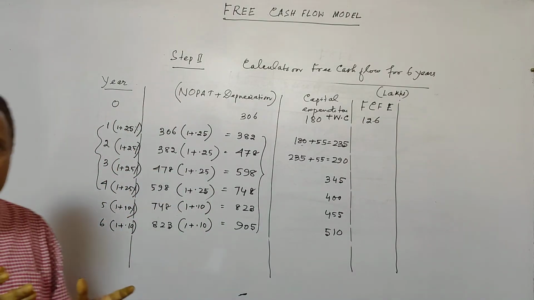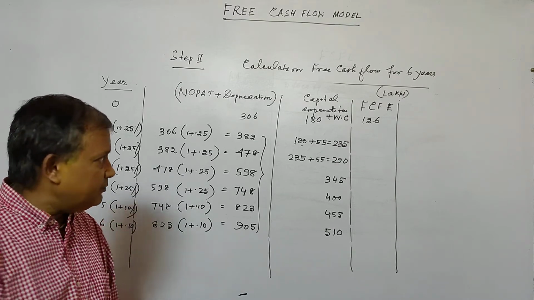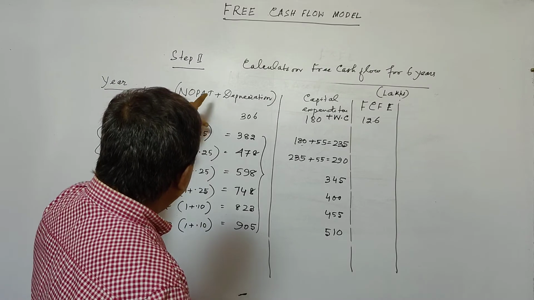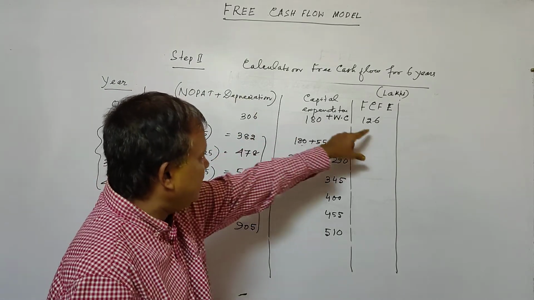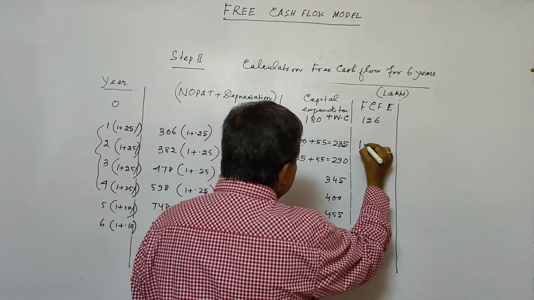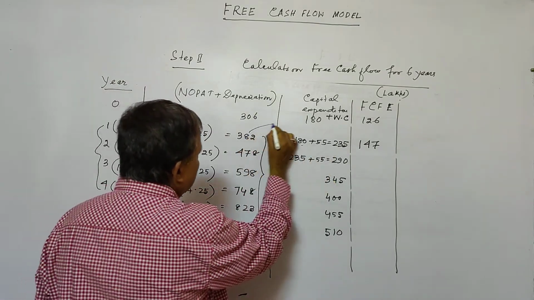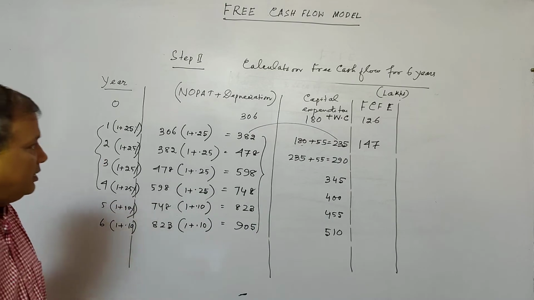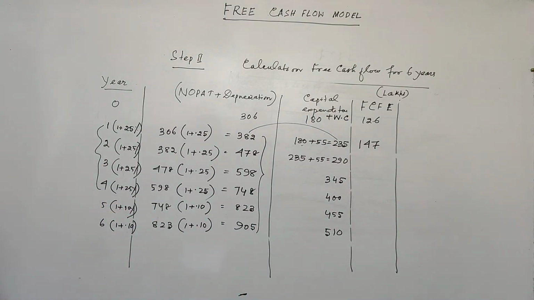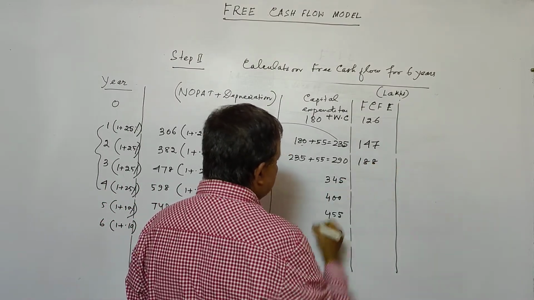Since the capital expenditure and working capital is an outflow, therefore we shall make this minus this, which will give us the free cash flow. So the free cash flow is 147. This minus this. Make a minus here. And 478 minus 290, it comes to 188.